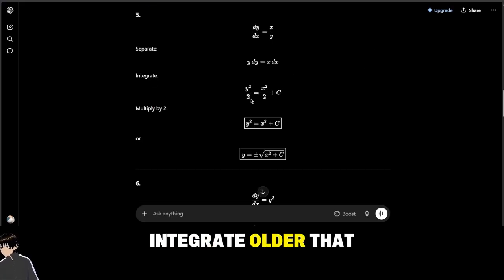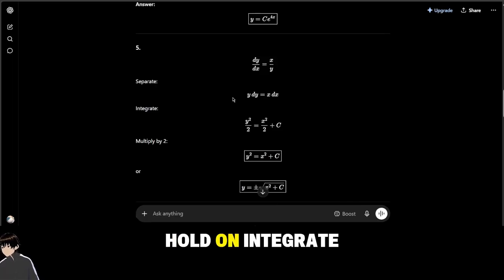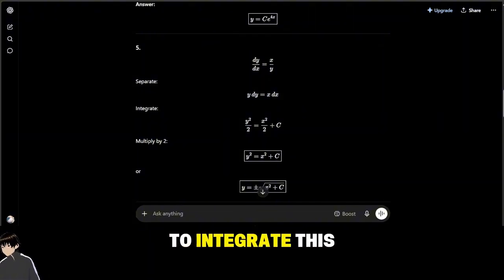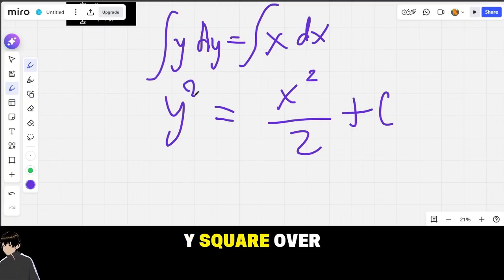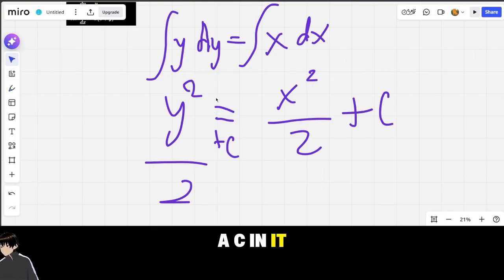We have to integrate over that. Hold on. Oh, you have to integrate this too. Ah, I forgot. So for y squared over 2 plus c. This also has a c in it, right?